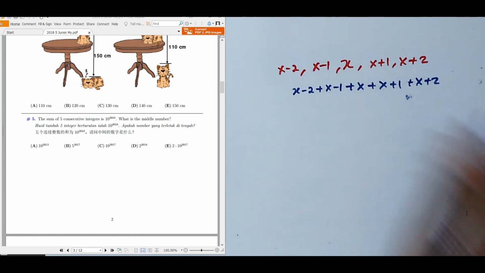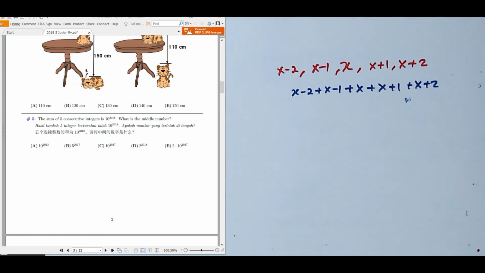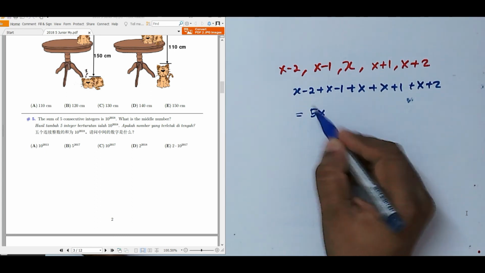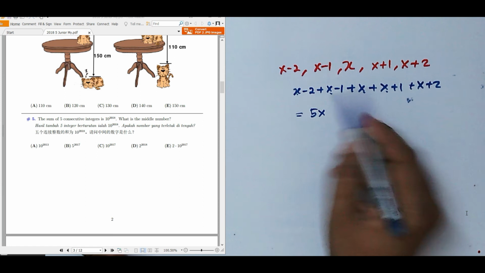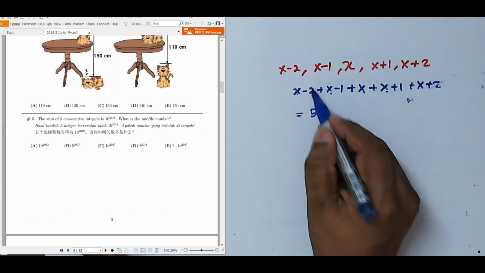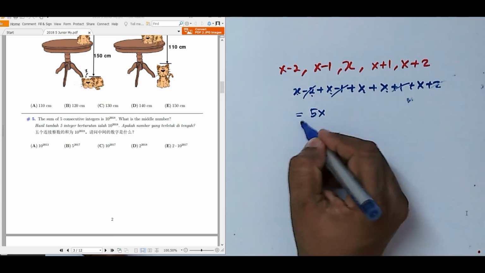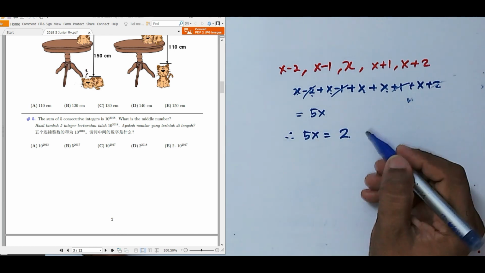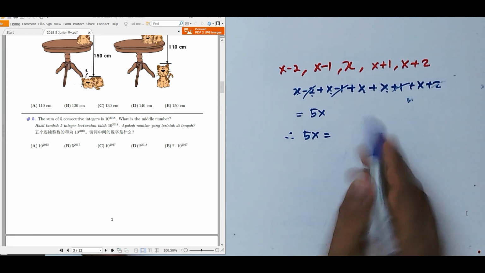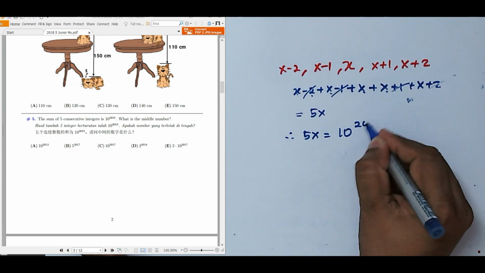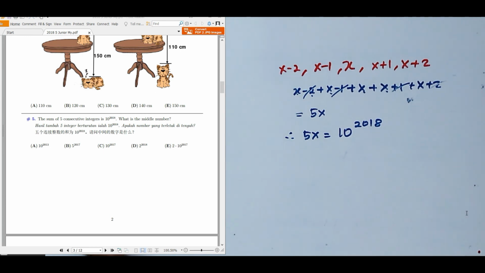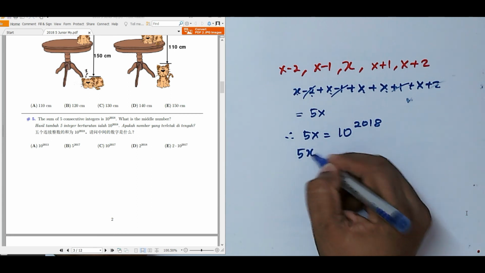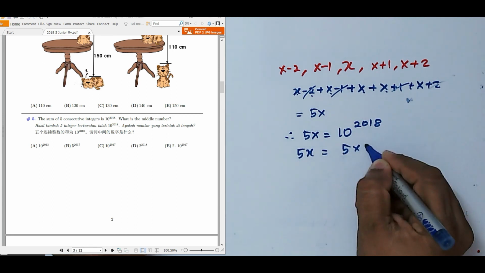Making it straight, we get 5x. Minus 2 plus 2 is gone, minus 1 plus 1 is gone. That means 5x equals 10 to the power of 2018. We know that 10 is equal to 5 times 2.